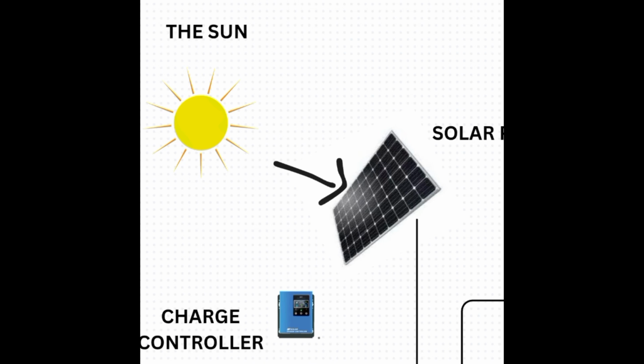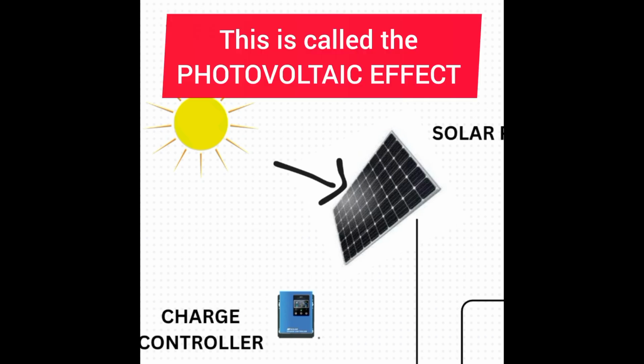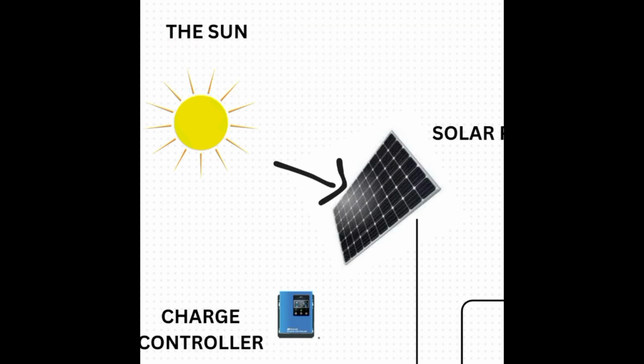When these photons hit the surface of the solar cells that make up this module, they set in motion certain particles known as electrons. Whenever electrons are in motion, electric current is generated. Electric current begins to flow. The flow of electrons is the same as the flow of current.